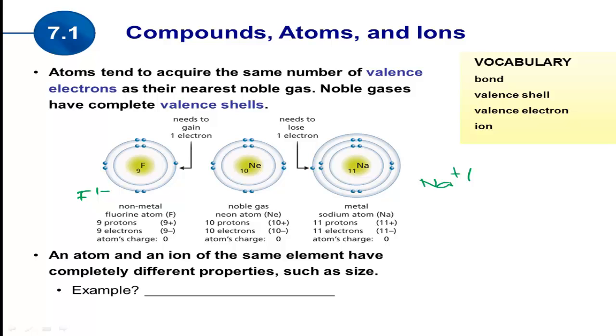An example might be simply the realization that a sodium atom is larger than the sodium ion. And you can probably reason why. If it's losing this electron, it's going to be smaller.